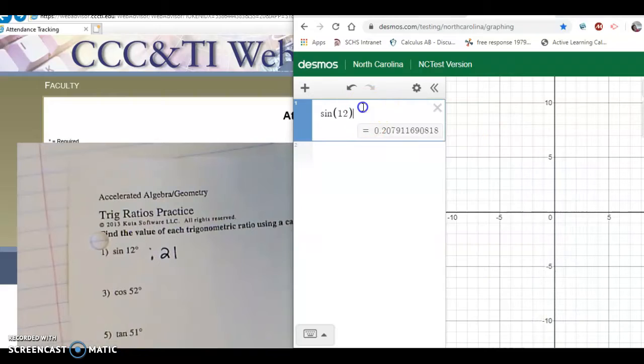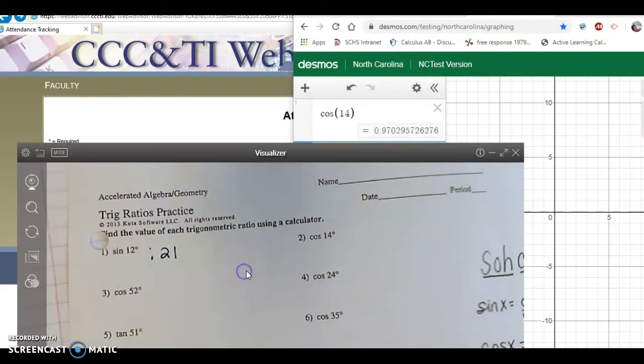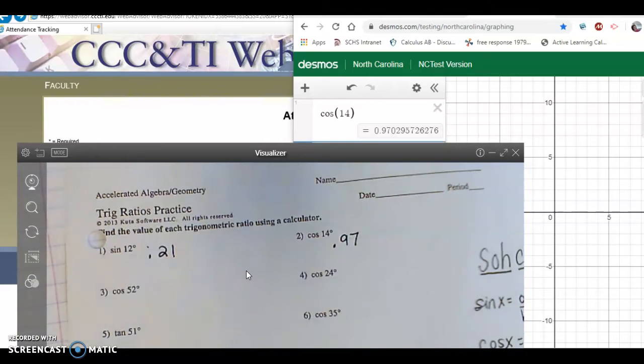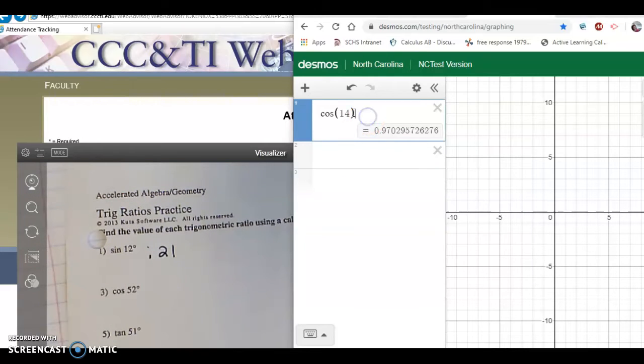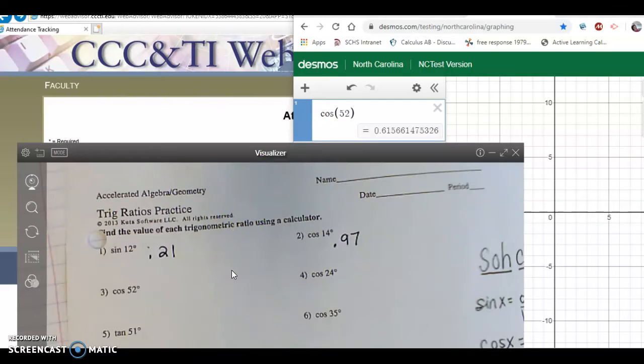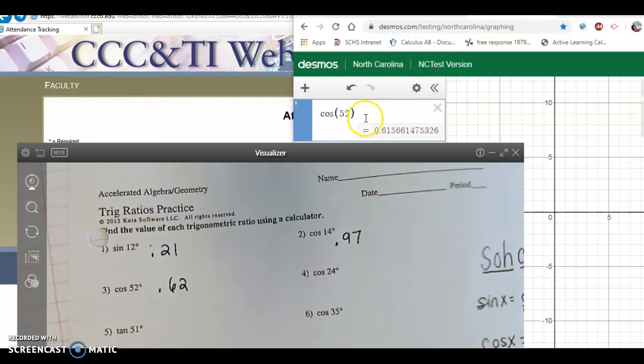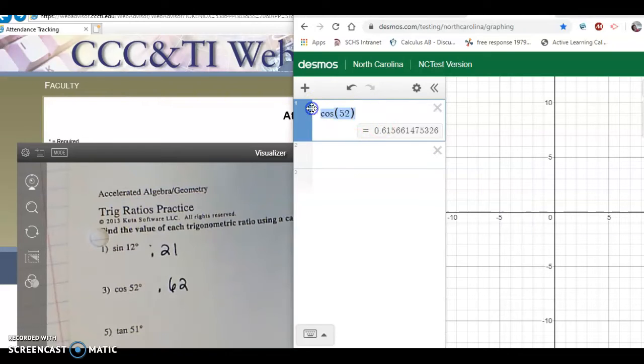And then cosine of 14 is 0.97. Okay. Cosine of 52 is 0.62. So it's easy to put that in. You just need to make sure that you put it in correctly.